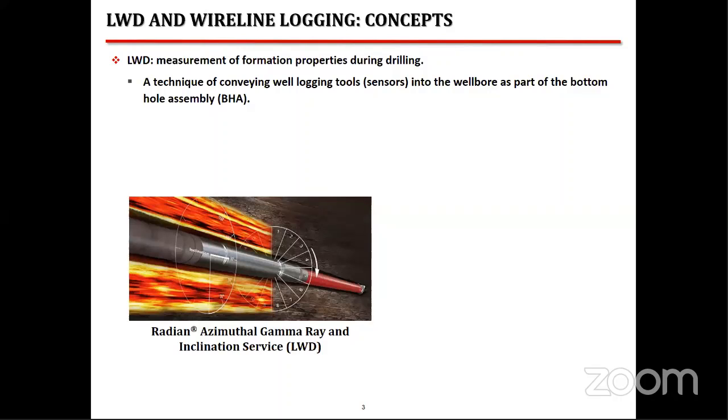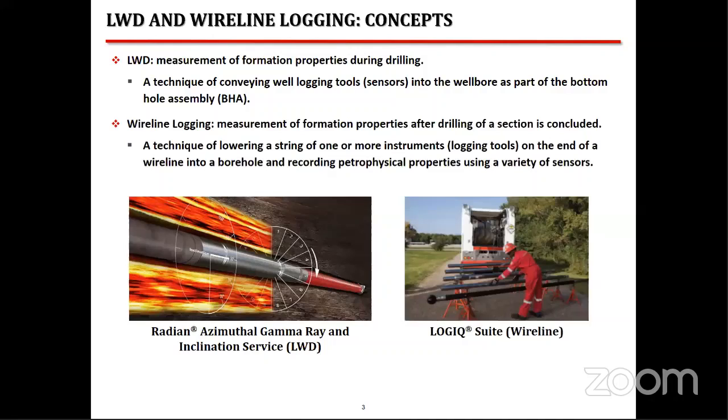The next is wireline logging. Wireline logging is the measurement of formation properties after drilling of a section is concluded. It is a technique of lowering a string of one or more instruments or logging tools on the end of a wireline into a borehole and recording petrophysical properties using a variety of sensors.